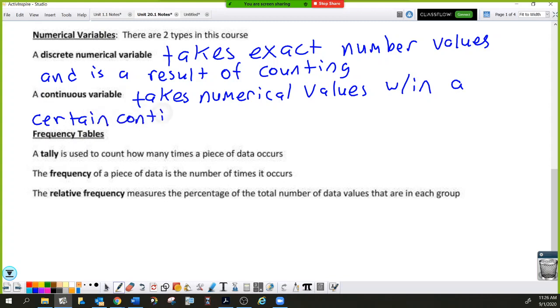And these are usually results of measuring. So I'm just going to write measurements.